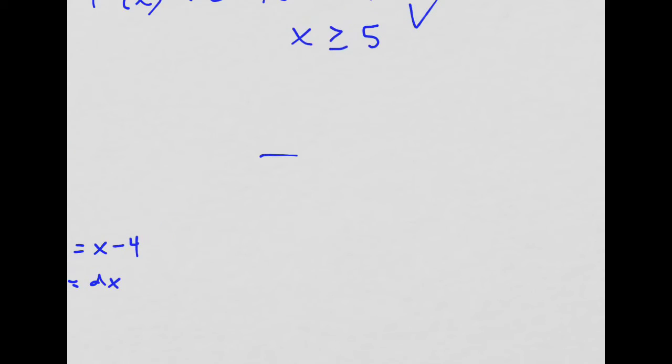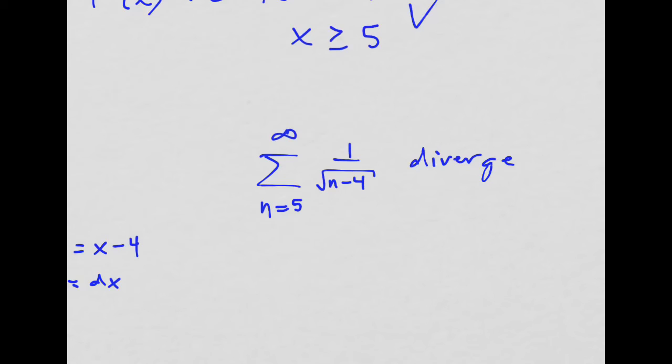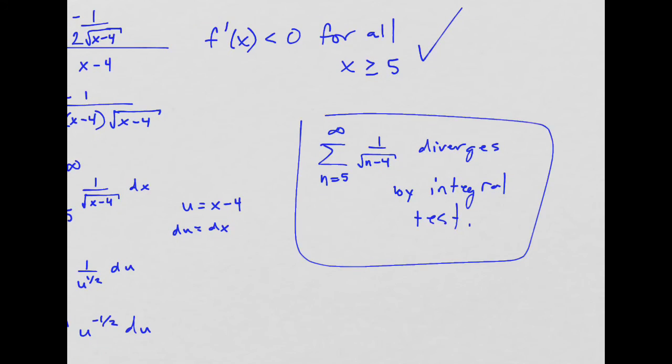So we'd say the series from n equals 5 to infinity of 1 over the square root of n minus 4 diverges by integral test. And that's it. And then that's all we have to do.